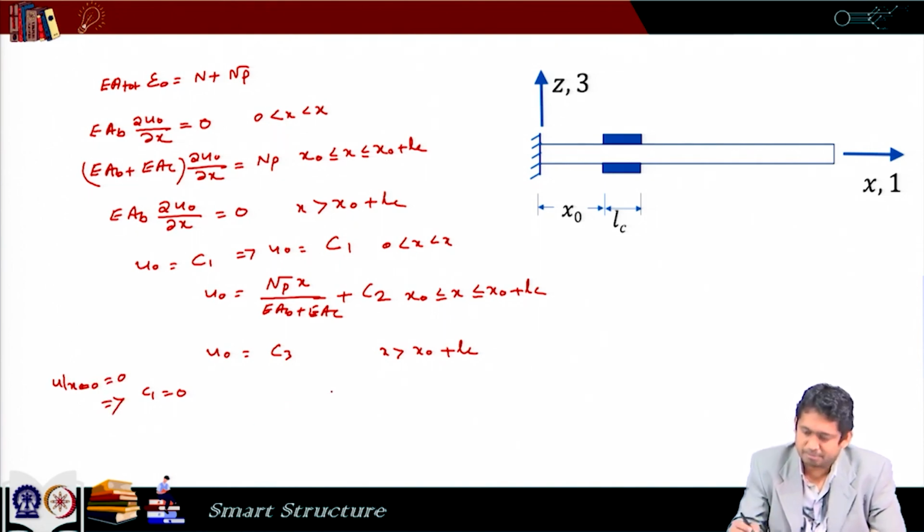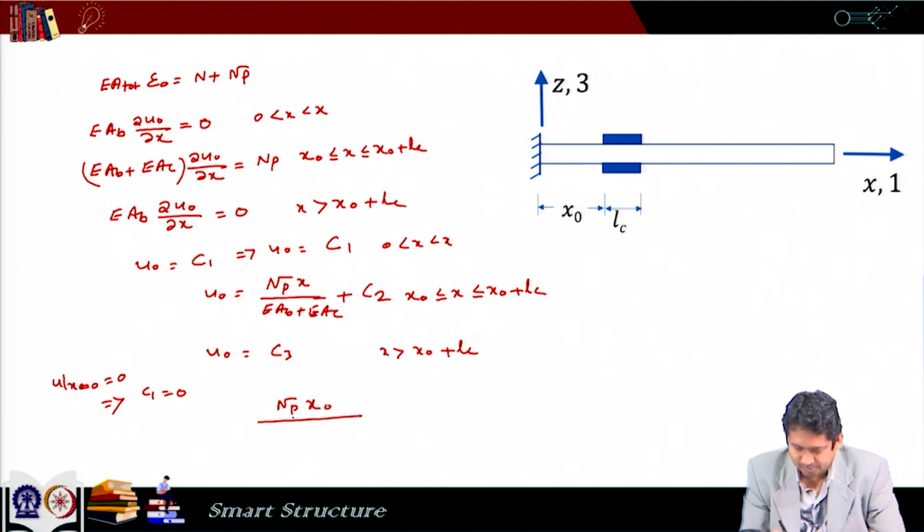And then if we apply the condition that displacement is the same here and here, that gives me NP x0 divided by EAB plus EAC plus C2 is equal to 0.